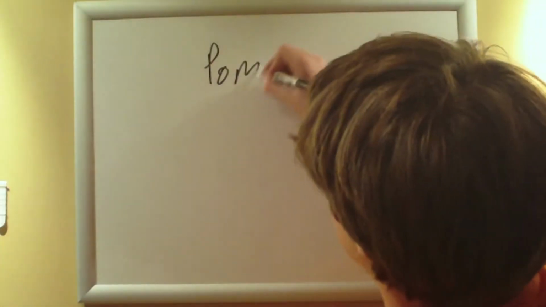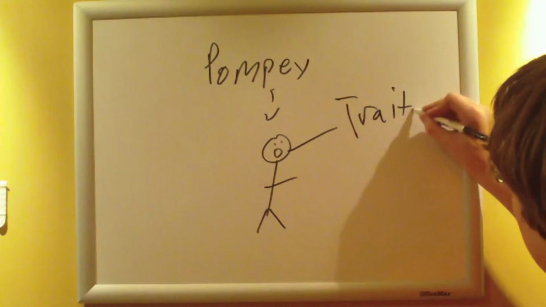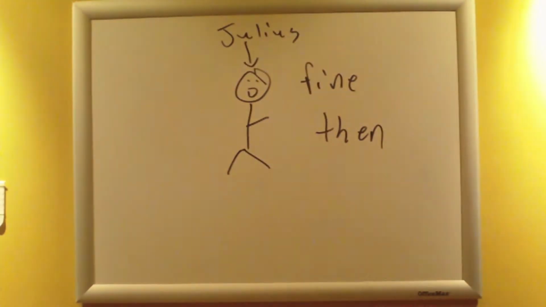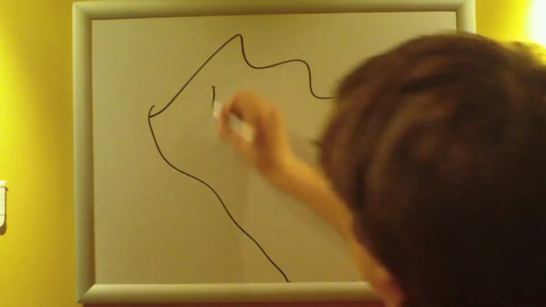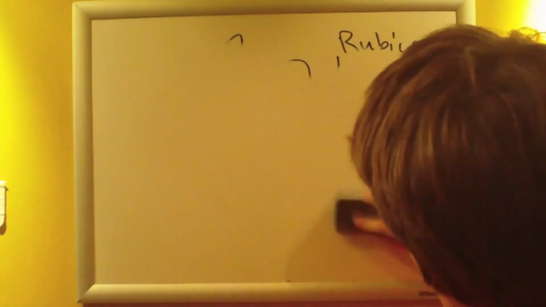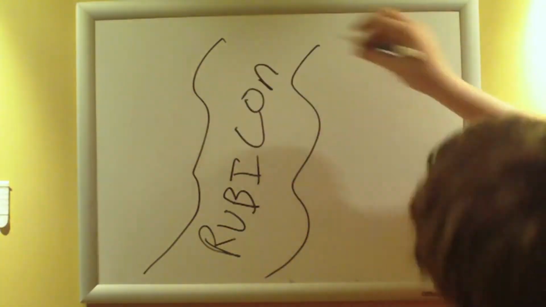Because of this, he divided the people and called Caesar a traitor, to which Caesar got really mad, and he invaded Italy across the Rubicon River, which started a huge civil war.